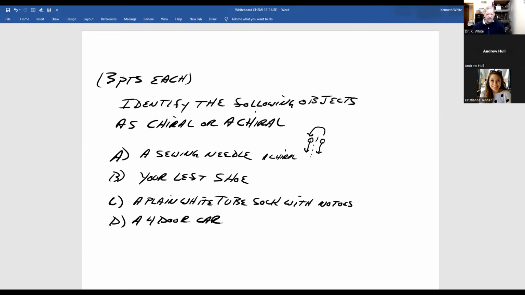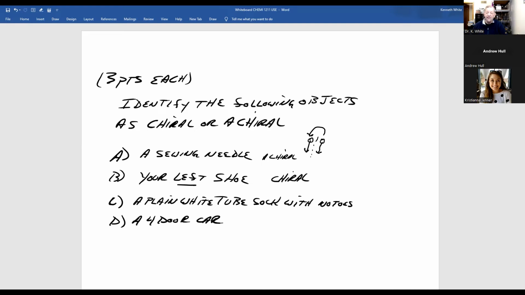Now, left shoe. I could draw a shoe, but that would be brutal on you. Whenever you see the word right or left in a description of an item, immediately you know it's chiral. If you don't believe me, take your left shoe, hold it up to the mirror, and you'll see your right shoe.